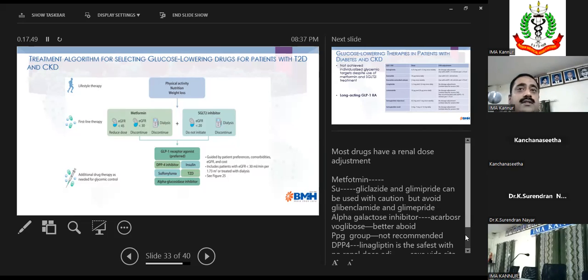In sulfonylureas, very few are actually safe in advanced CKD. Maybe gliclazide and glimepiride, but most other sulfonylureas like glibenclamide have to be avoided. The alpha glucosidase inhibitors, acarbose and voglibose, are better avoided because they are known to raise creatinine levels.